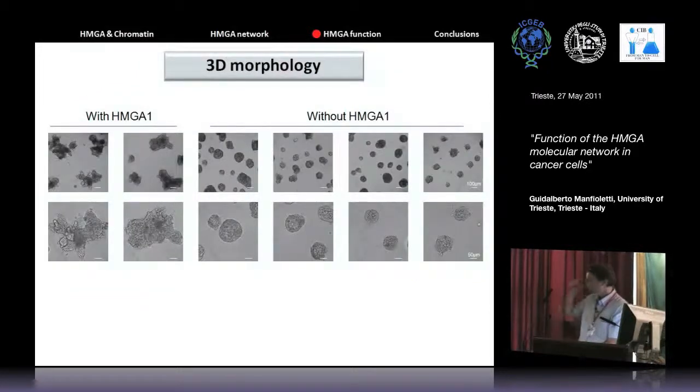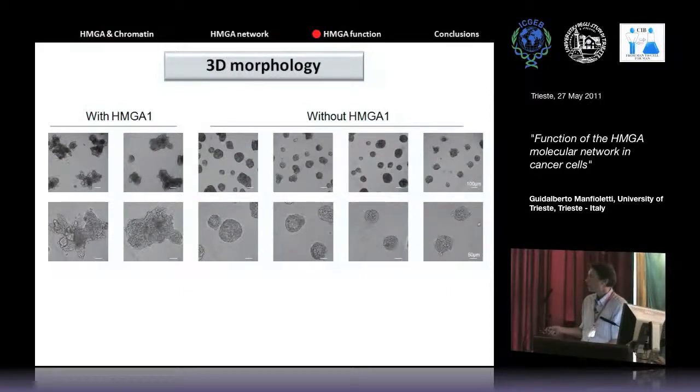What is more interesting is the 3D morphology, because cells, through the neoplastic progression, lose polarity. But this cannot be appreciated in 2D cultures, and therefore we grow cells in Matrigel where they can form colonies. And you can see the difference is quite dramatic.